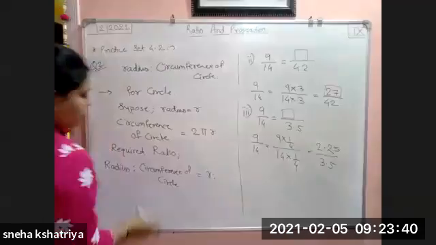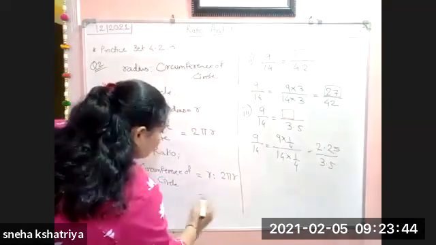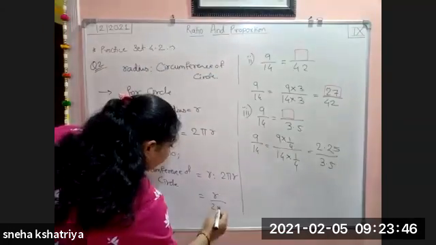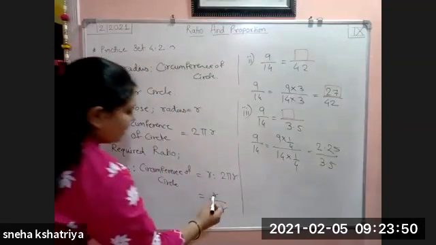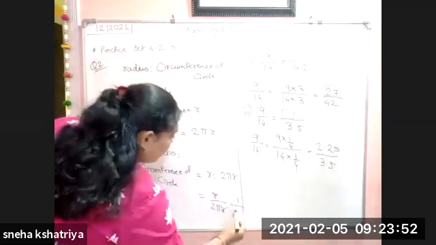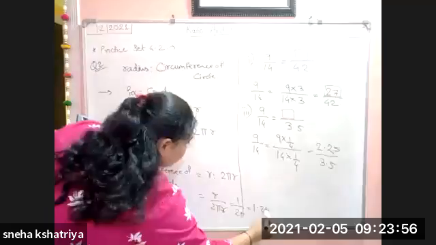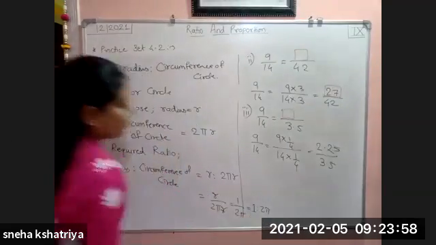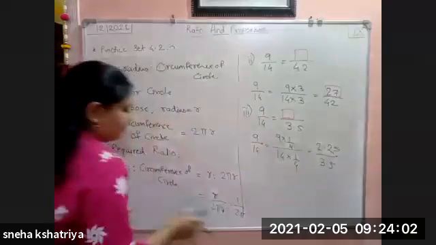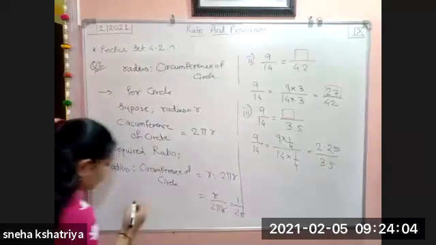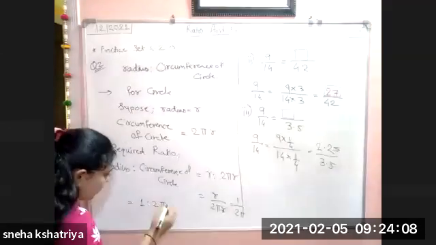R. Circumference is what? 2 pi R. So it is R upon 2 pi R. Okay, so R and R get cancelled. What remains? 1 upon 2 pi, which we can write as 1 is to 2 pi. This ratio is equal to 1 is to 2 pi.